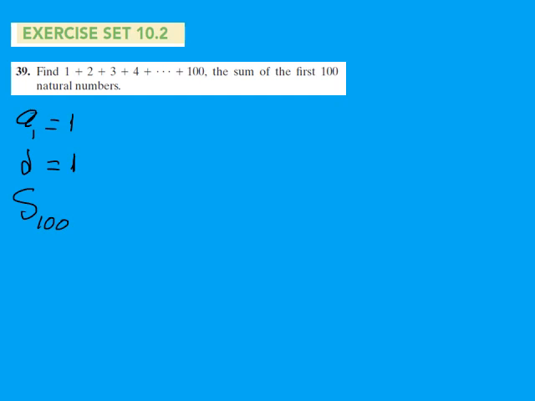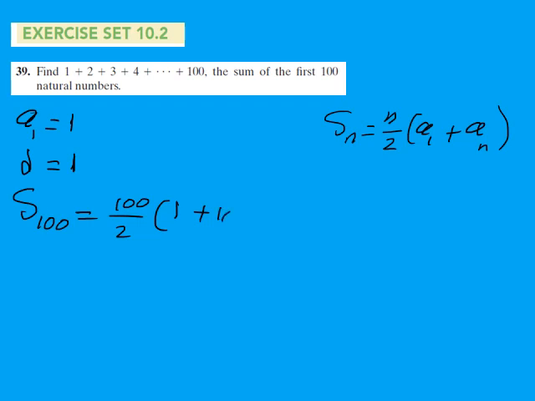We know that Sn is equal to n over 2 times a1 plus an. So S100 here is equal to 100 over 2, and a1 is 1, and an is equal to 100 as it's term number 100. So it's equal to 50 multiplied by 101, and 50 multiplied by 101 is equal to 5050. This is the sum of the first 100 terms.